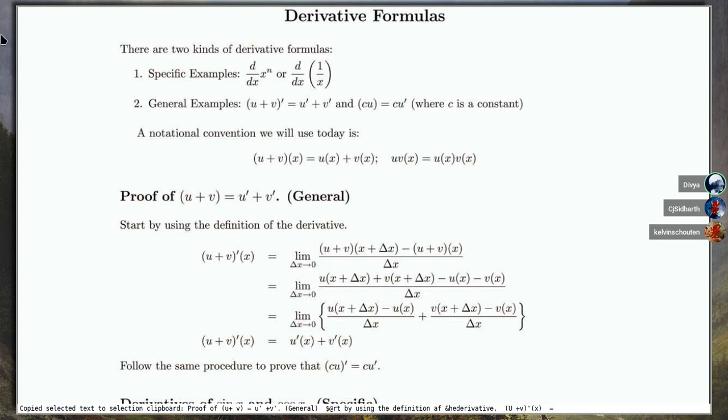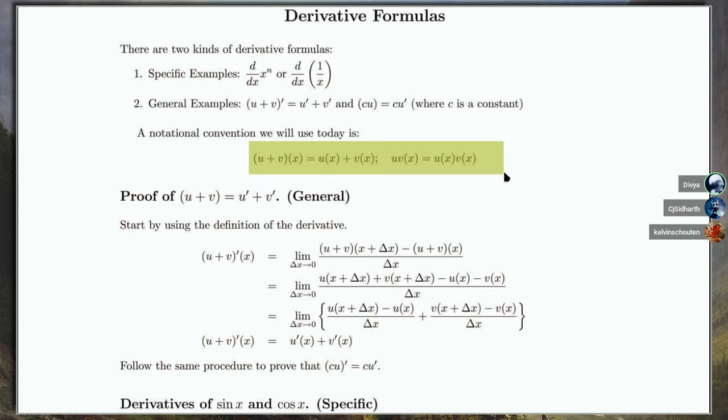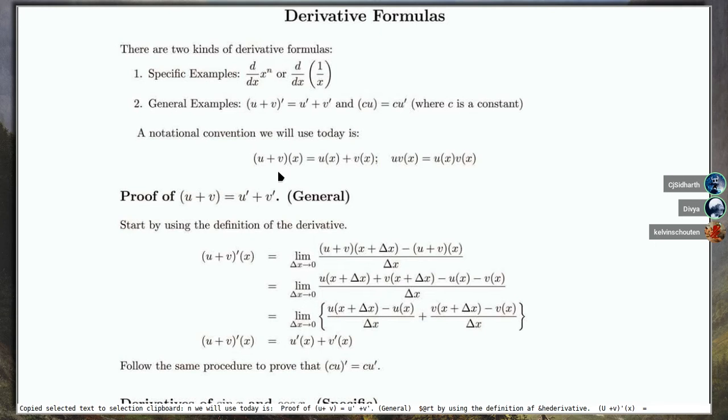Does anyone know what kind of function behaves in this manner? Can you please repeat the question? Yeah, I'm asking what kind of function behaves in such a manner, where when you add the two functions, this rule applies. I think this rule applies only for continuous functions.